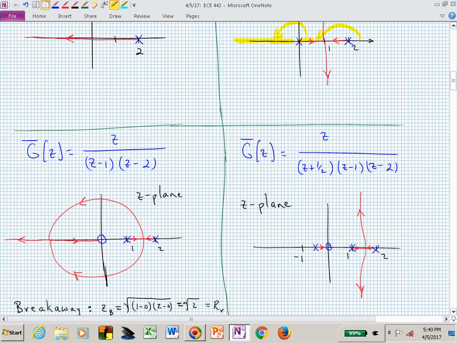It's 180, isn't it? What are the angles of the other 2, pole and 0? 0 degrees. So now I have a net 180 degrees between 1 and 2. So that real axis segment does belong to the root locus. And there's an odd number of poles and zeros to the right of any point between 1 and 2.